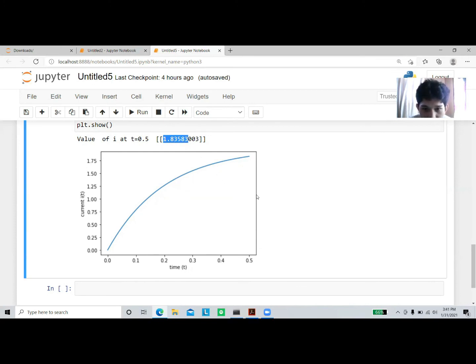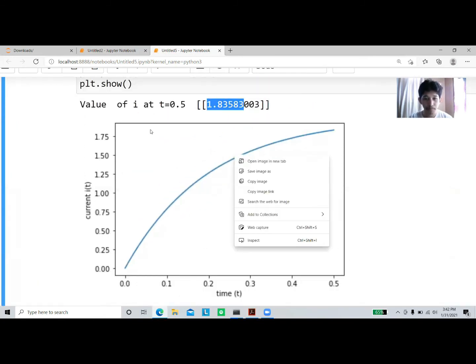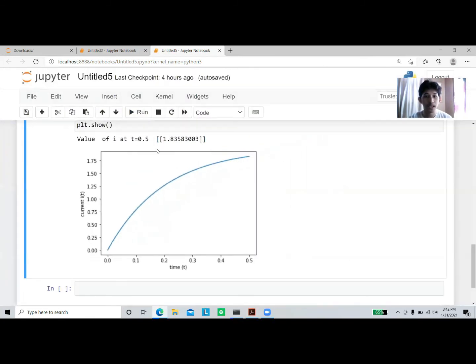On the graph, at t equal to 0.5 the current is above 1.75. So our graph is correct. The plotting of the graph is correct.